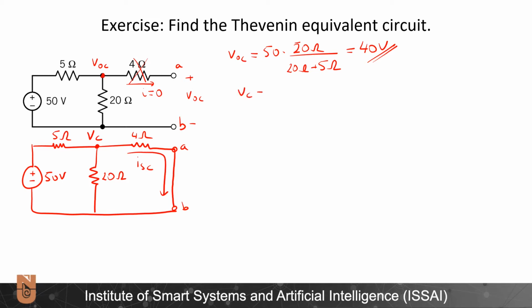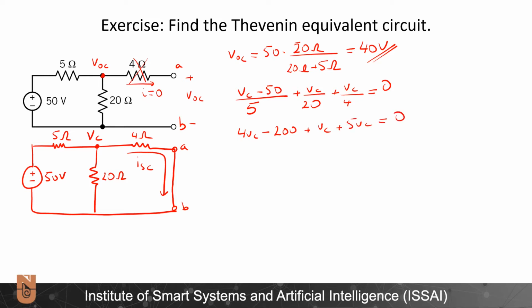VC minus 50 divided by 5 plus VC divided by 20 plus VC divided by 4 is equal to 0. From here I get 4VC minus 200 plus VC plus 5VC equal to 0.